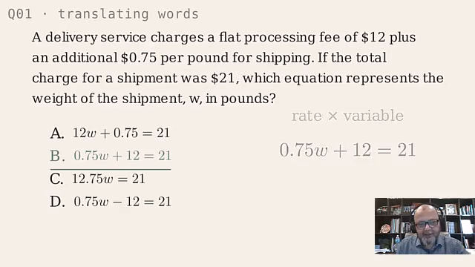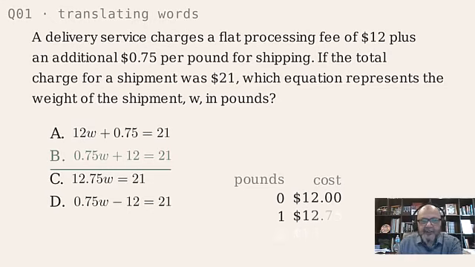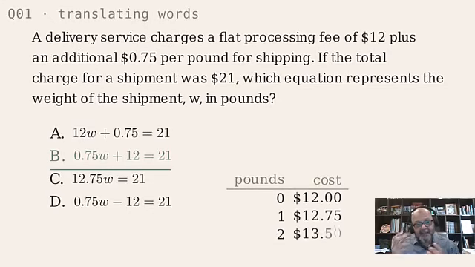To truly master this, don't just look at the equation. Imagine the other languages this story speaks. The tabular language: if we made a table, 0 pounds would cost $12, 1 pound would cost $12.75, and 2 pounds would cost $13.50.